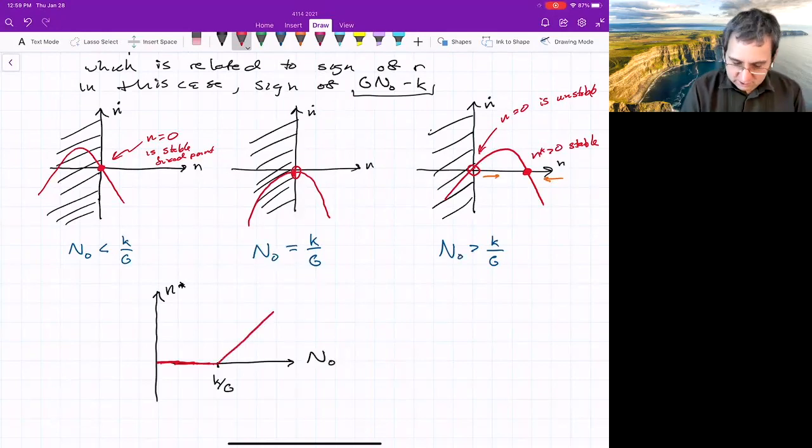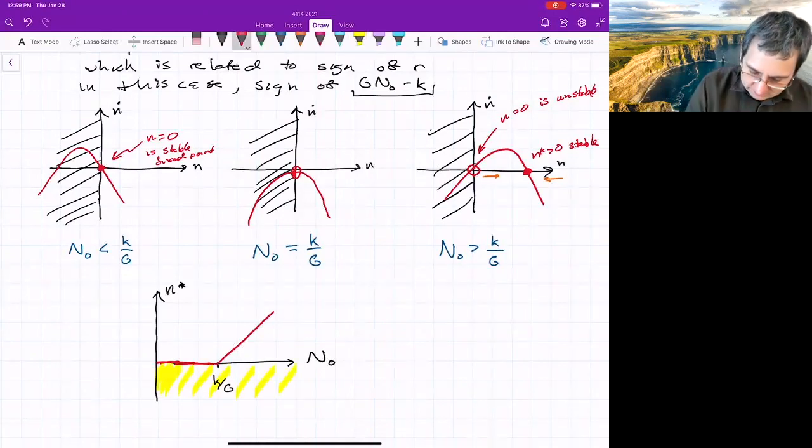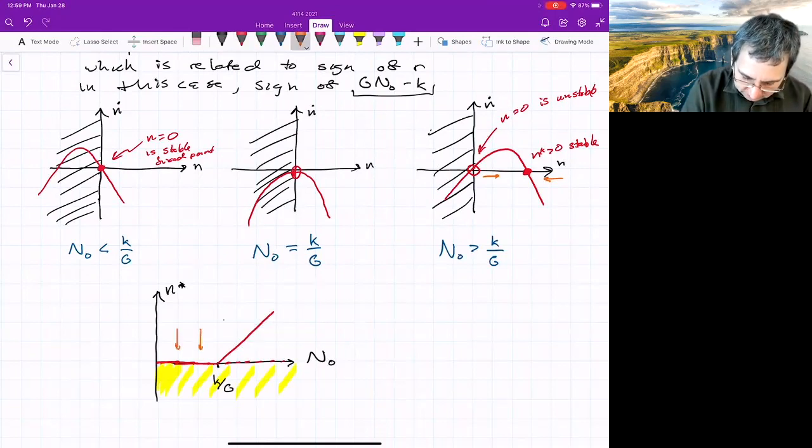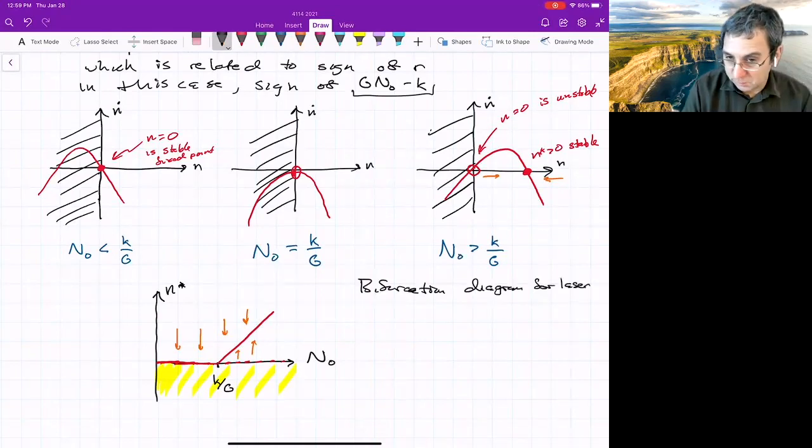That's what it'll look like, since there's nothing allowed down here, right? There's no n star less than 0. And the n star equals 0 equilibrium point becomes unstable. So if we were to sketch what the dynamics does, that's it. So this is the bifurcation diagram for the laser qualitatively from this simple model.